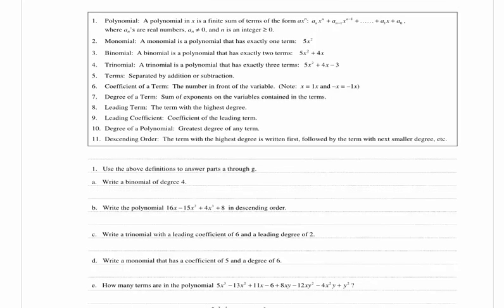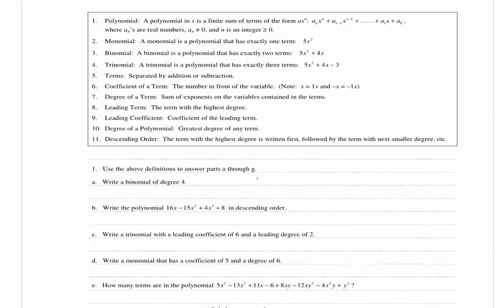We have, using the above definitions to part A through G. In A, write a binomial of degree 4. And you can see from number 3 in our box that a binomial is a polynomial that has exactly two terms. So we want degree 4, which means that we're going to have an x variable of 4.